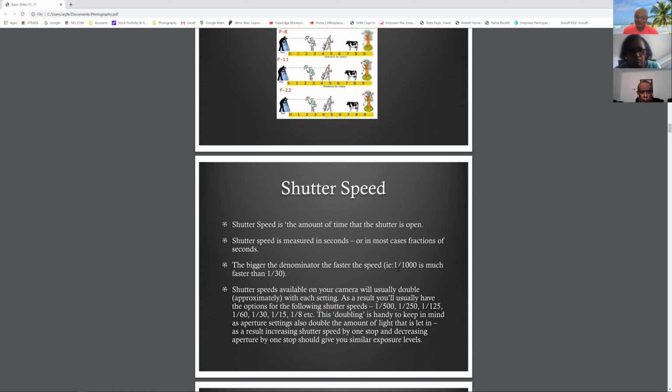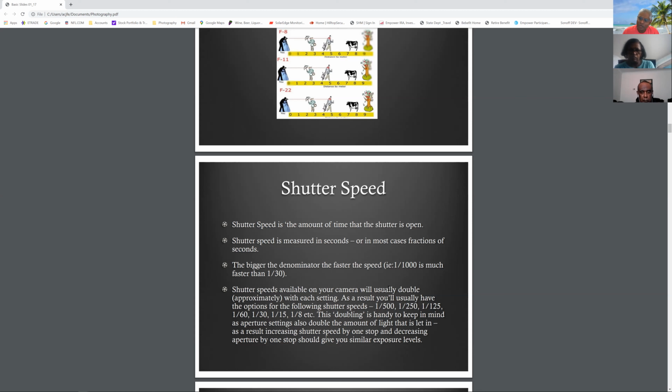If you take 1/30th or lower, you have to keep your camera very, very still. Otherwise, you get blurry pictures. If you are using a handheld camera, you need a minimum of 1/60th of a second or above, like 1/60th, 1/100th, 1/125, and 1/250.